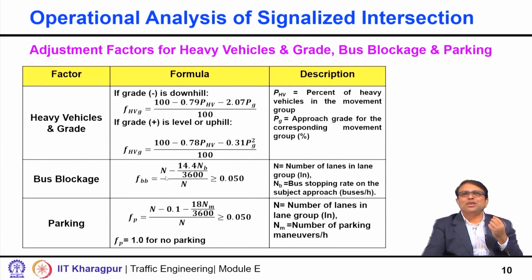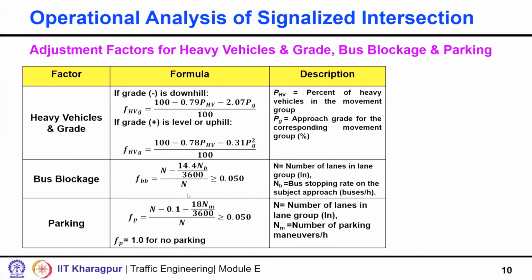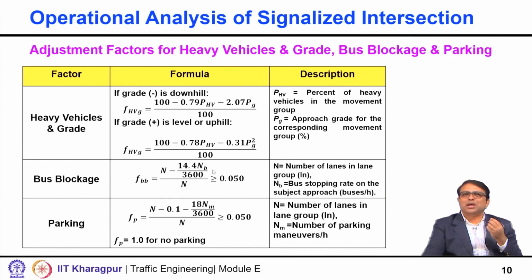So, it is N minus this, divided by N. What will happen if, suppose, 14.4 N_B becomes actually 3600, just theoretically I am saying? Then always there is a bus. That means the whole lane is not available. So, what you have is not N number of lanes, but N minus 1. That is an extreme situation, but it helps you to understand this equation.